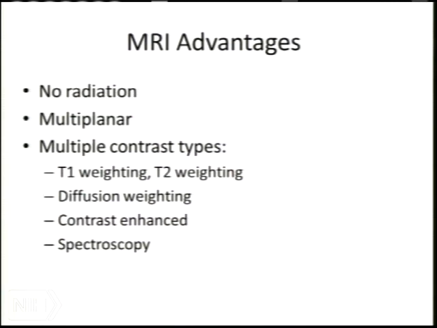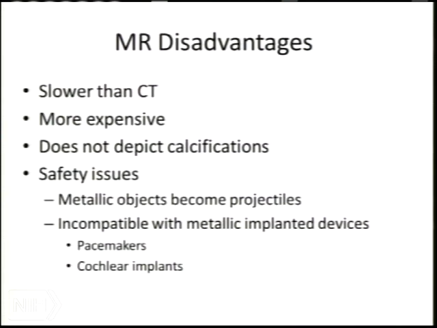Most particularly, MR has multiple contrast types. CT only has one, how dense it is on X-ray. With MRI, you can look at the T1 relaxation characteristics, the T2, the diffusion weighting, how it enhances on contrast enhancement, and spectroscopy. So a lot of different things working.